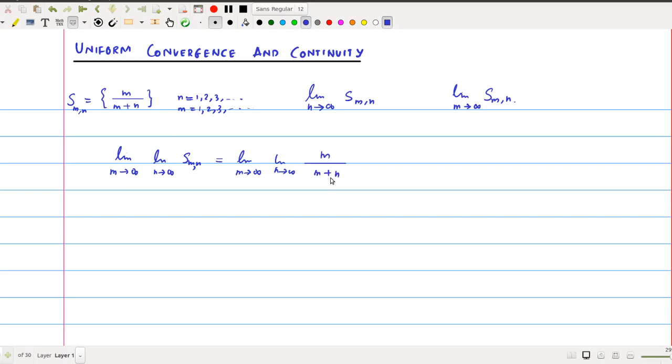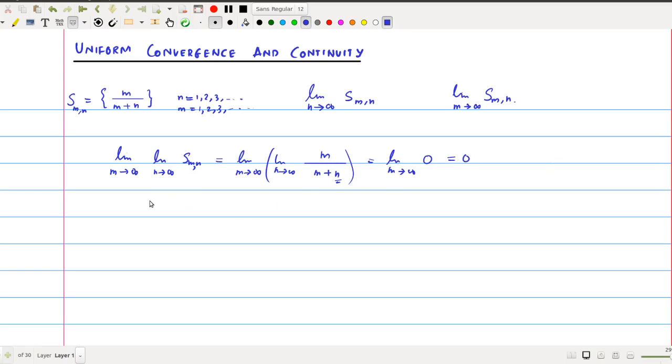If you take the inner limit, fixing m and letting n tend to infinity, the denominator increases, and this tends to 0. So we have the limit as m tends to infinity of 0, and this will give 0.